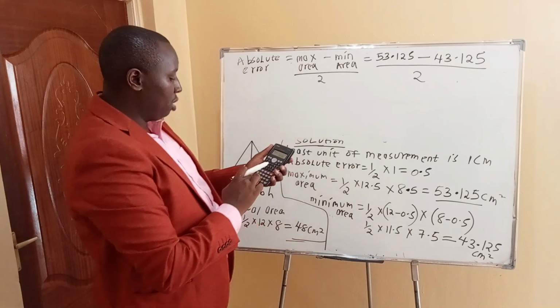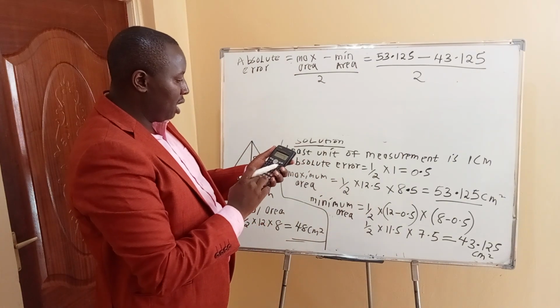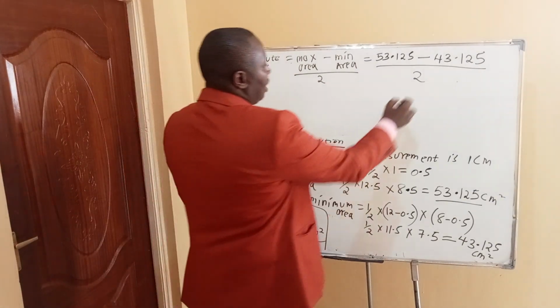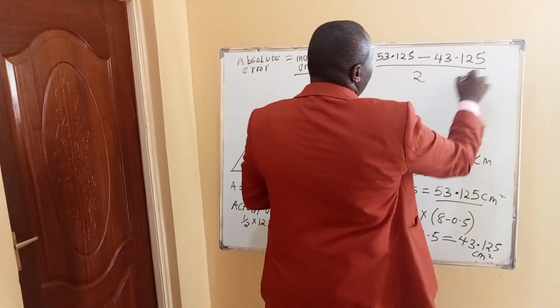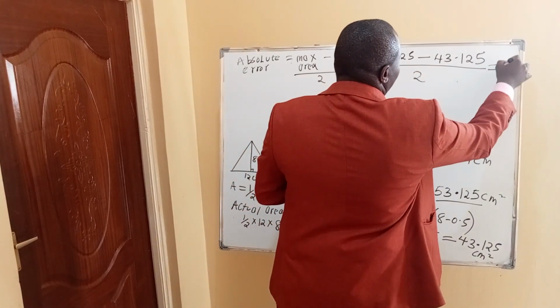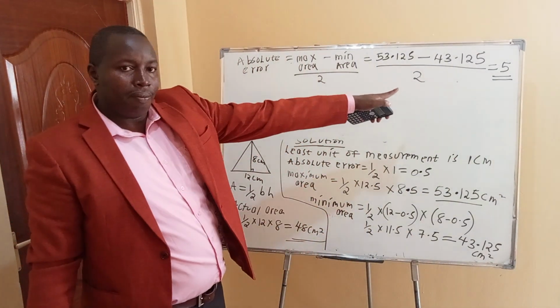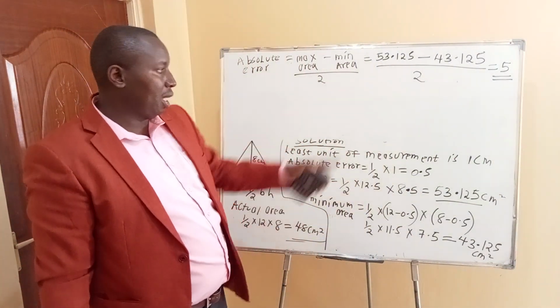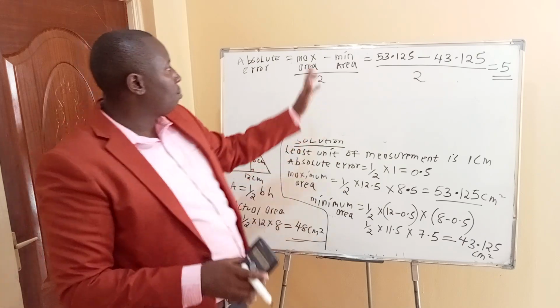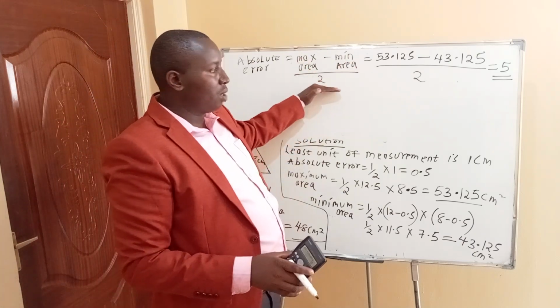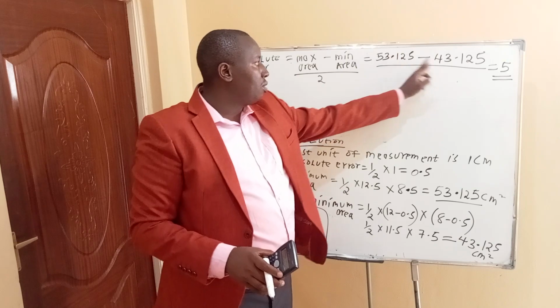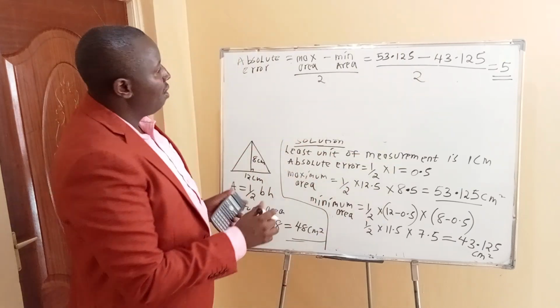So take 53.125 minus 43.125, that is 10. 10 over 2 is 5. Therefore, our absolute error in this area is 5.